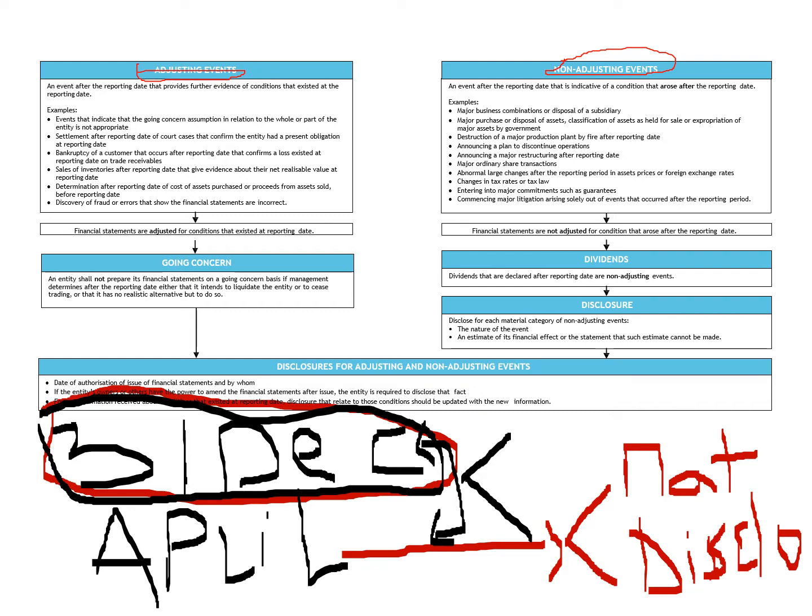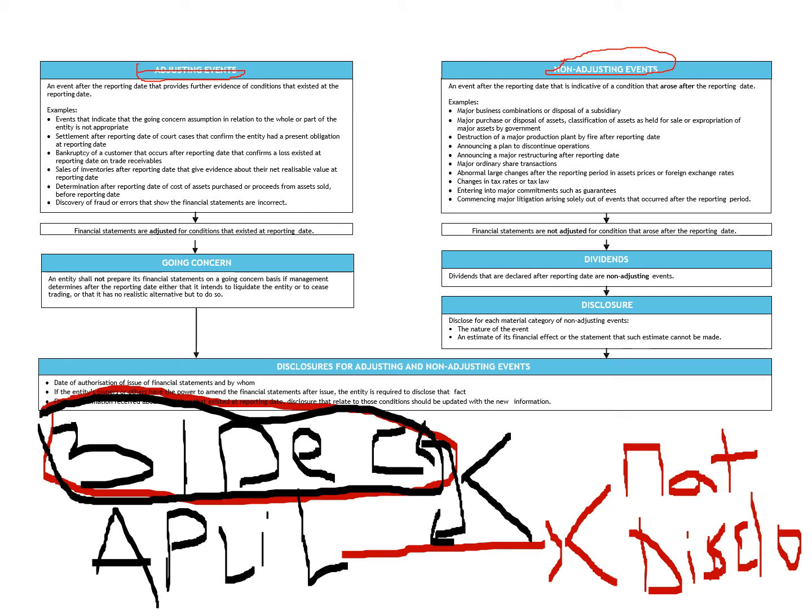Because the event itself of bankruptcy couldn't have happened only in the last 15 days, I mean between 1 January and 15 January. This event already existed as of 31 December 2019, and accordingly, this is an adjusting event because the root cause or the event itself was already existing as of 31 December.